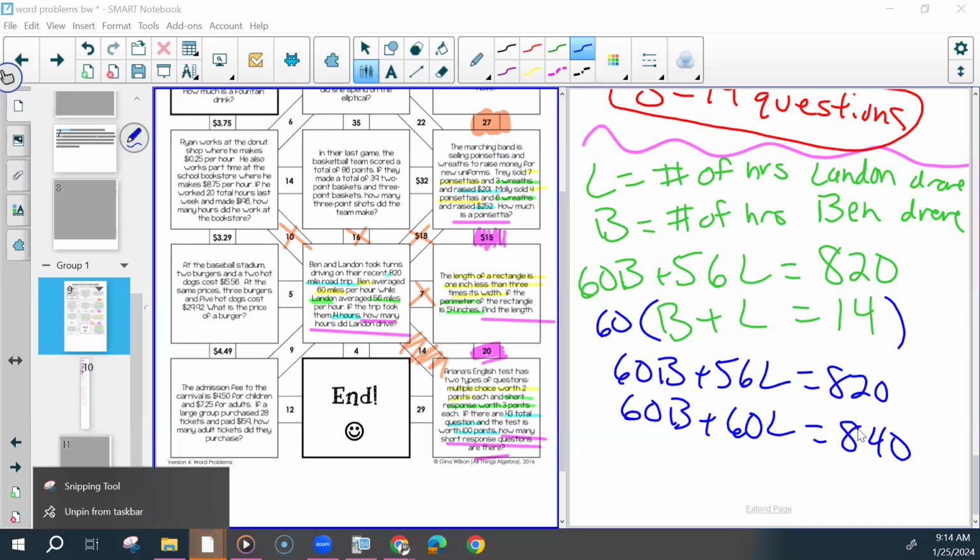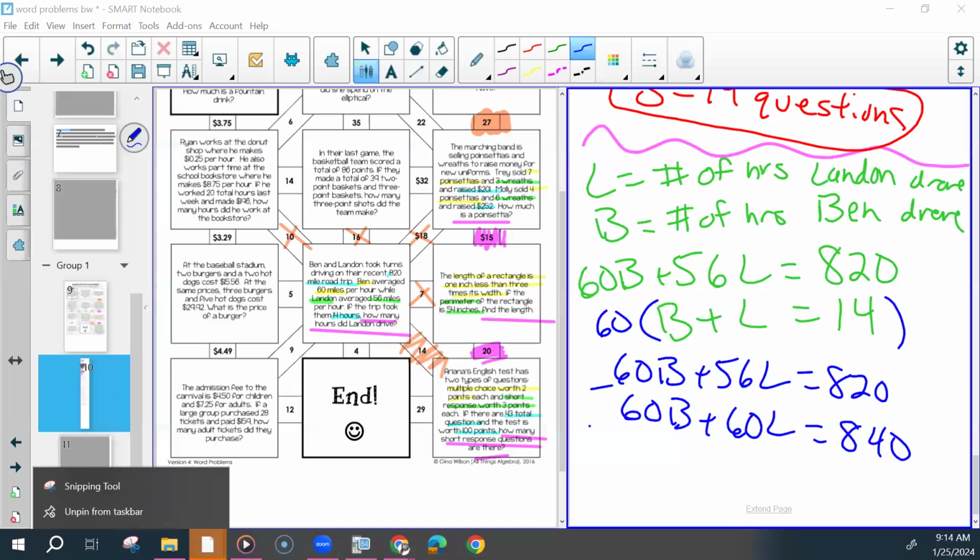To eliminate our B's, would we add or subtract? I'm gonna write this down here and then grab a new one. 0 minus 4L equals negative 20.